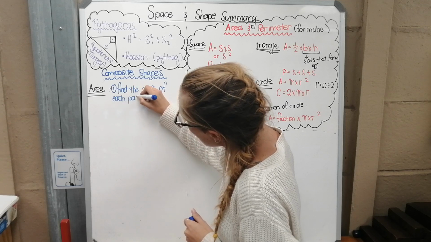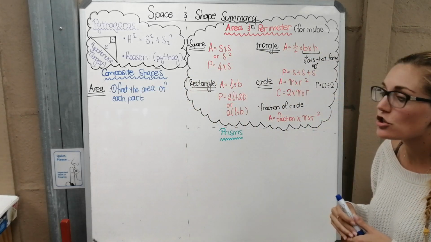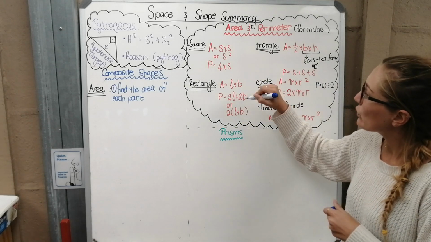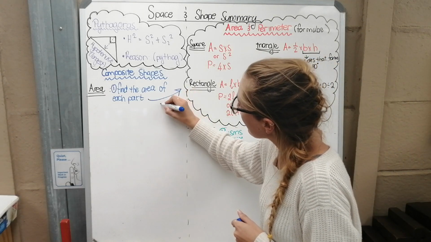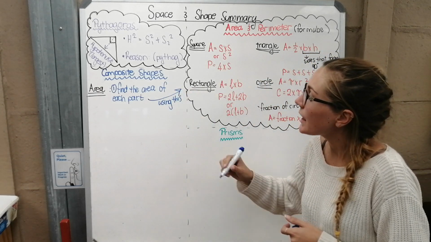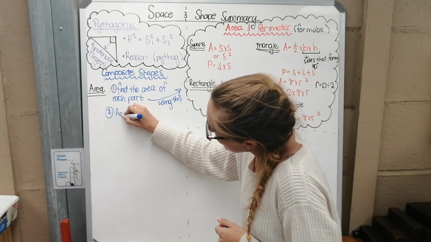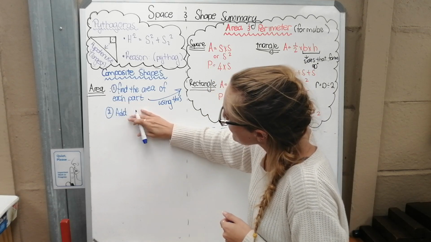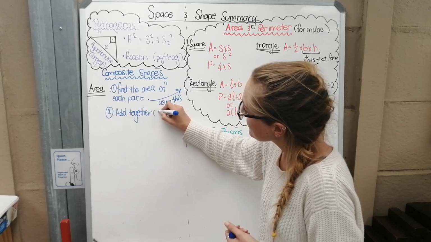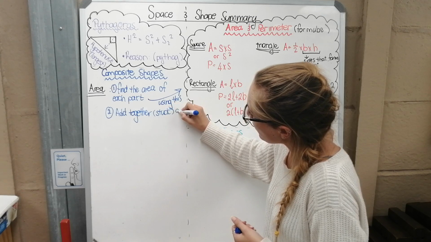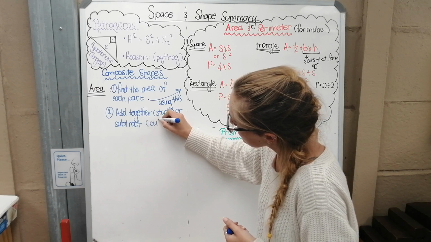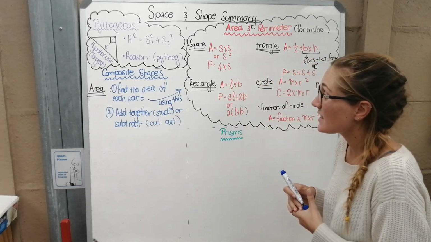So if our shape is made up of a rectangle and a triangle and half a circle, you find the area of your rectangle, your triangle, and your half circle using these formulae. Then when you've got the area of each part, you add together or subtract. You add together if it's been stuck together, or subtract if something's been cut out. And that is basically it for area.